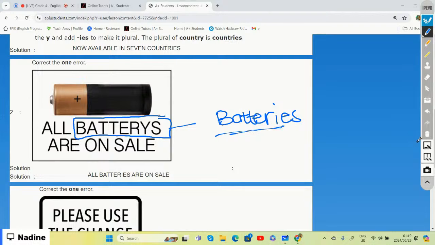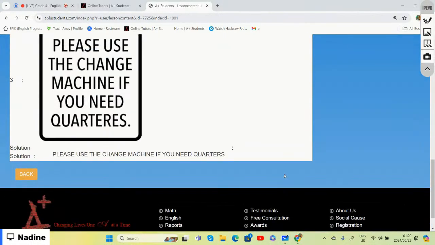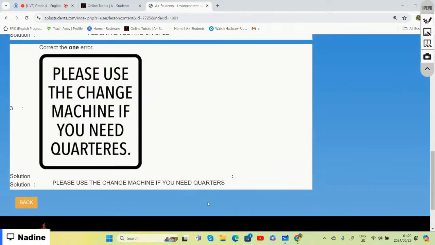All right, let's go on to the next one. It says, please use the change machine if you need quarters. And let's see if we see any errors within that sign. Yes, batteries is correct.